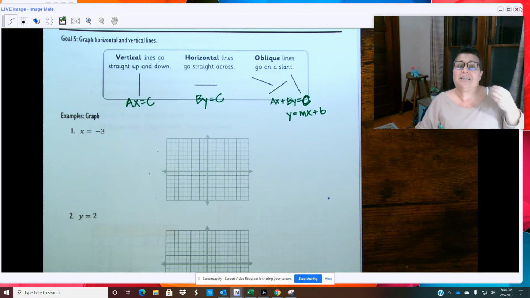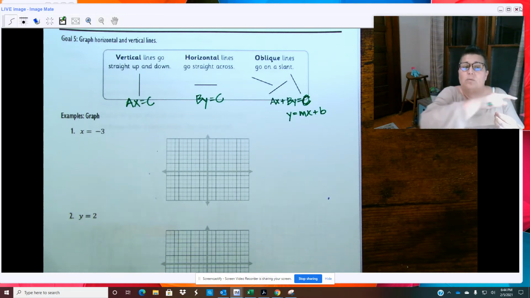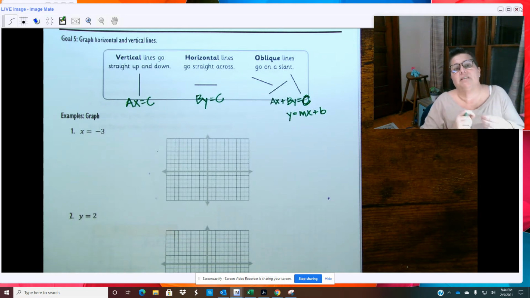If your equation has a y and no x's, then it needs to cross the y-axis, which means it will be horizontal, right? If your line has both an x and a y, then that line is oblique. It is slanted and it must cross both axes, both your x-axis and your y-axis.